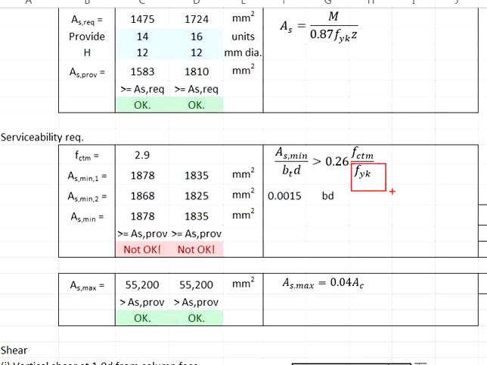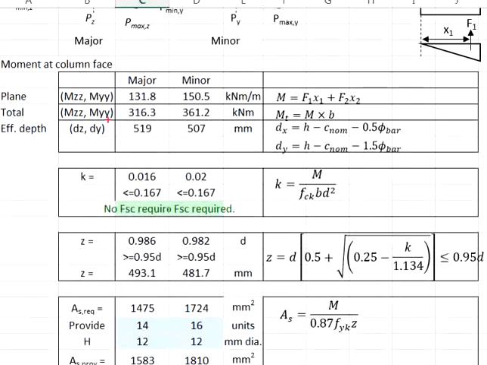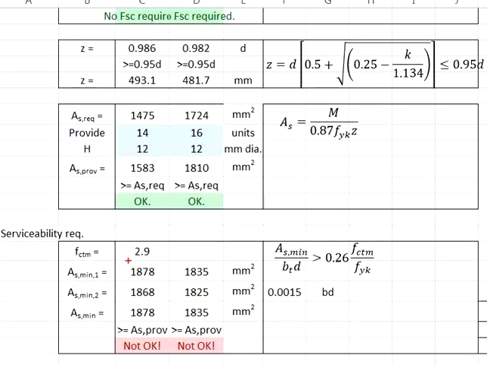Take fyk equal to 500 and then multiply the bd. The b is 2.4 in both axes. The d is the one that we have calculated previously. This gives you the As min based on the formula.